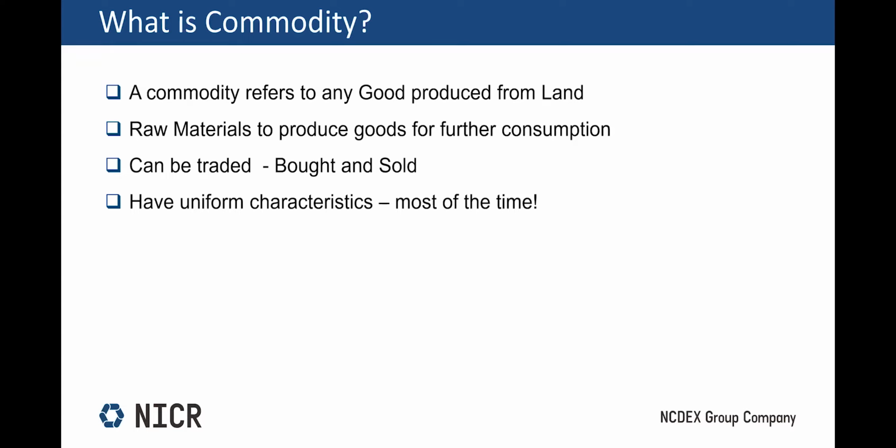Of course, in addition to agriculture, there are non-agricultural commodities as well. If we talk about gold, crude oil, metals, steel, iron ore, nickel, cadmium, there are a lot of those non-agricultural commodities also. But for today's topic, we are going to concentrate on the agricultural commodities.